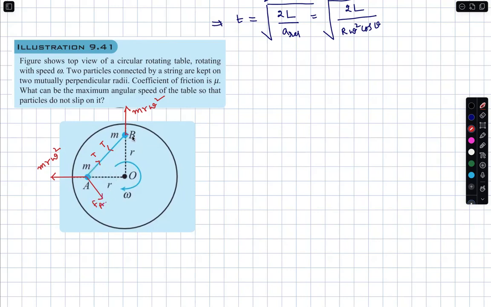In this case also, friction acts like this. Actually, they should be parallel. Why? This is 45, this is 45. They should be parallel.